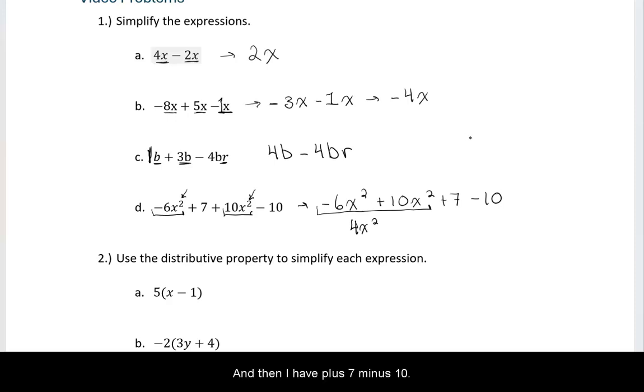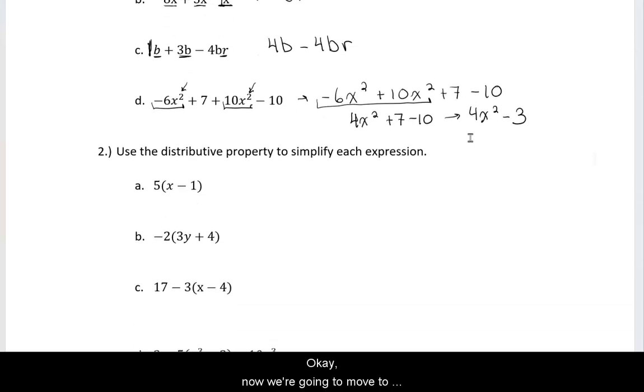Okay, and then I have plus 7 minus 10, and I'm not going to skip that step. I'll be very thorough. So I just rewrote what was left. Now my 4x squared is unchanged, and I go ahead and do my 7 minus 10, which is negative 3. So that is your final answer.